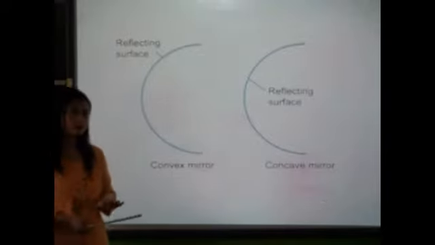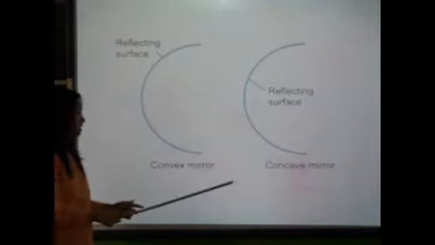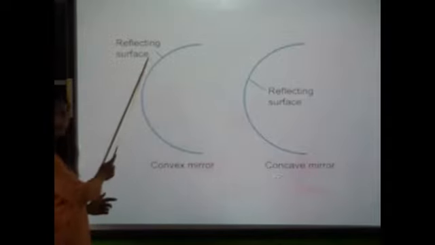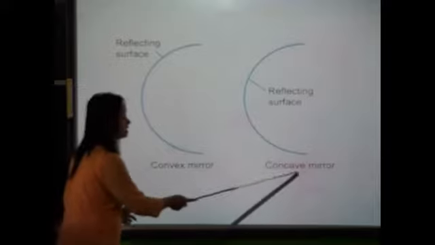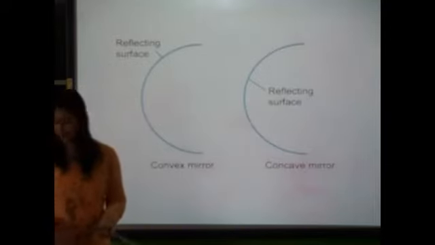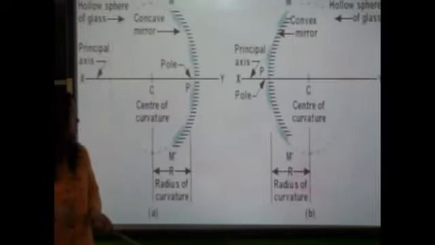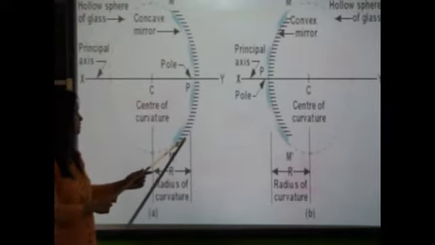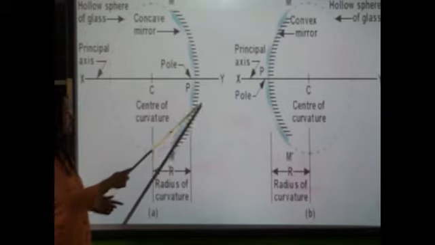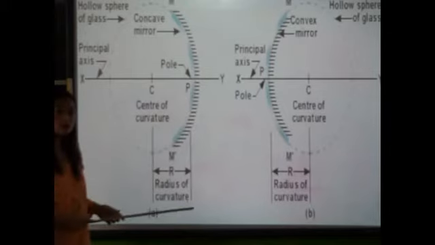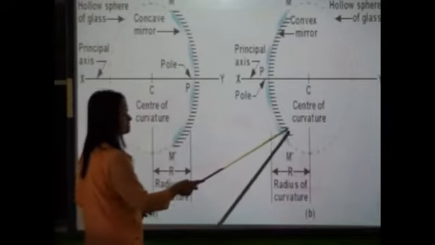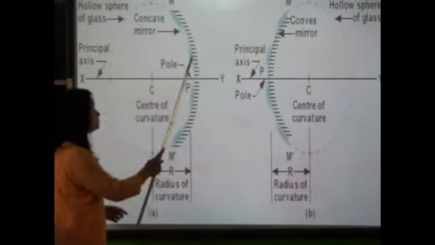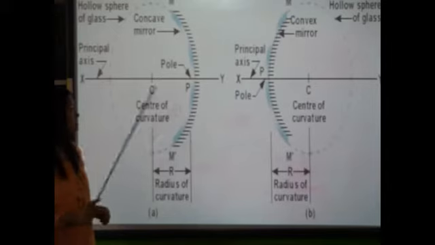There are two types of spherical mirrors, concave and convex. Convex has the reflecting surface outside and concave has the reflecting surface inside. Now, see, this is the line which is drawn like this. The black line shows your silvered part, and the blue line shows your reflecting surface.